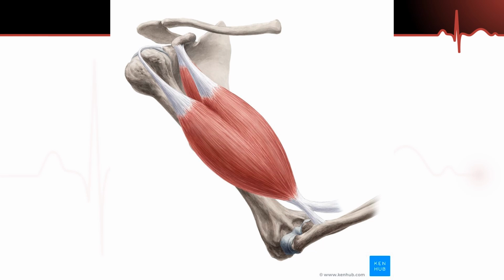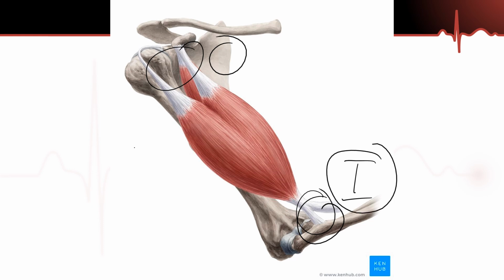The biceps muscle has a tendon on each end. The tendon is going to attach to one bone that doesn't move, called the origin. In the case of the biceps muscle, that's the scapula. And then the biceps muscle is going to have a tendon that attaches to a bone that does move, that's referred to as the insertion, and that is the radius.